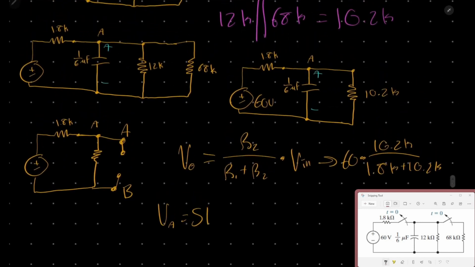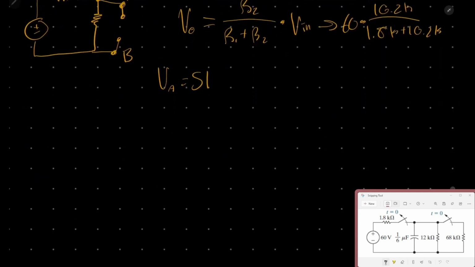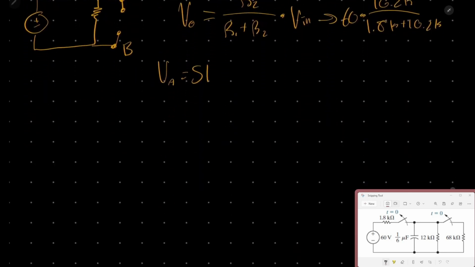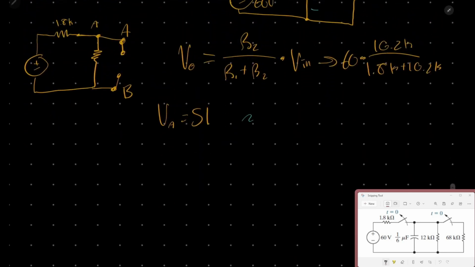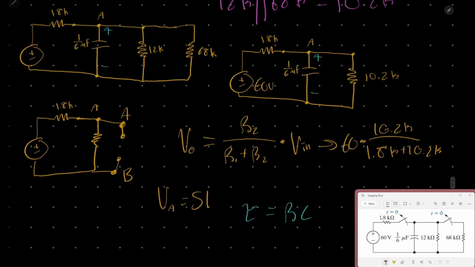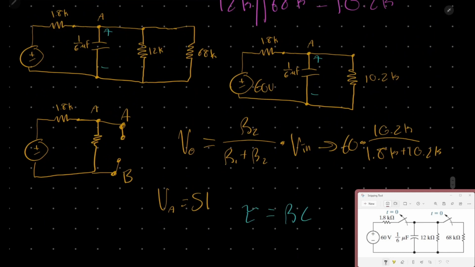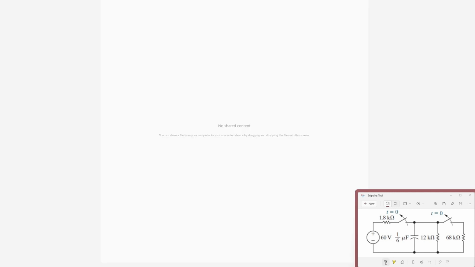Okay, so now that we know that, we are going to need to find our tau. To find tau for a capacitor, it's going to be R times C. And this R is going to be the resistance.